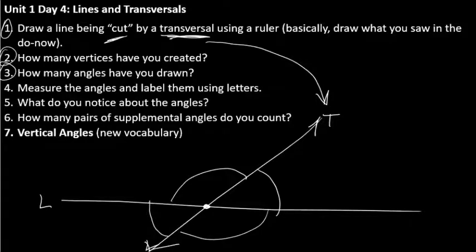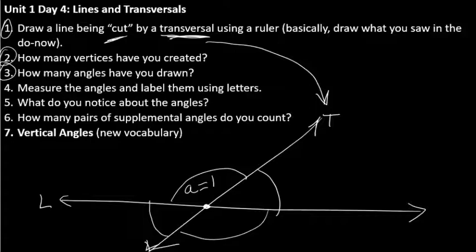So let's measure the angles and label them using letters. Of course, I am not going to have a protractor to use digitally on here. I'm going to leave that to you, however you've drawn it. But let's say for all intents and purposes on mine, if I measure this angle, I'm going to call it angle A, and it's obtuse, so it's greater than 90.